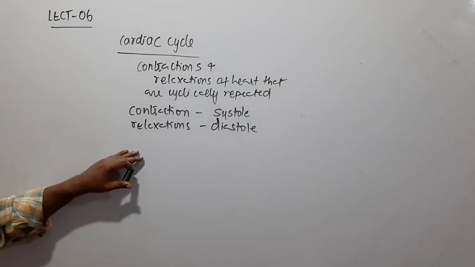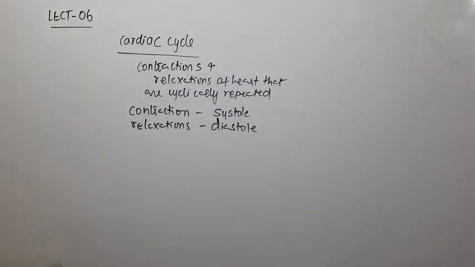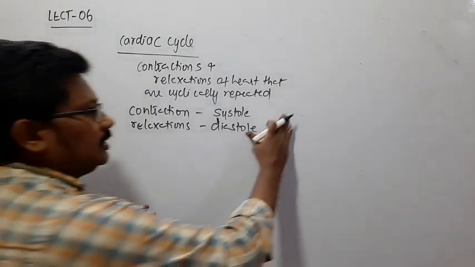So just now we have seen about the AV node and also the SAN node, and I told that the SAN node is the pacemaker, and it is the point from where the action potentials actually start. We'll see here.